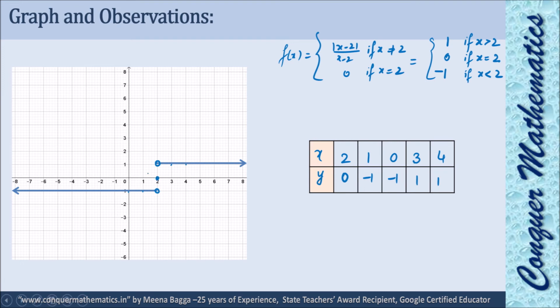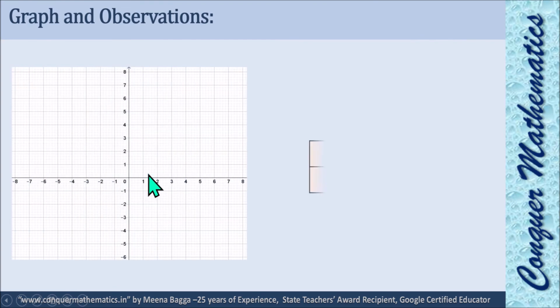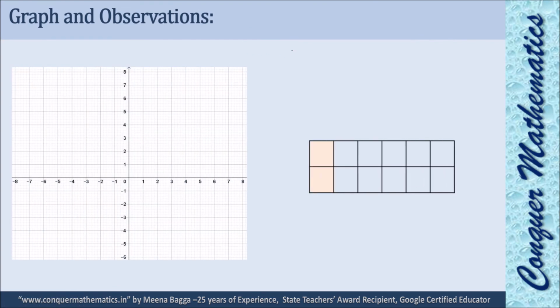Okay, suppose it is like modulus x plus 1 upon x plus 1, if x is not equal to -1, and this is 0 if x is equal to -1, then the same graph will shift to -1.